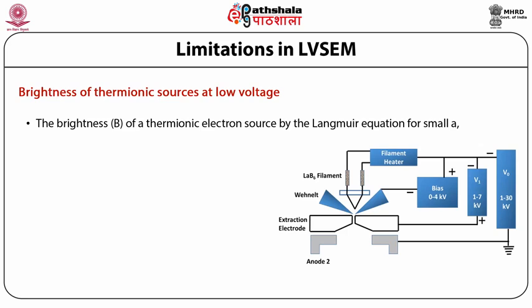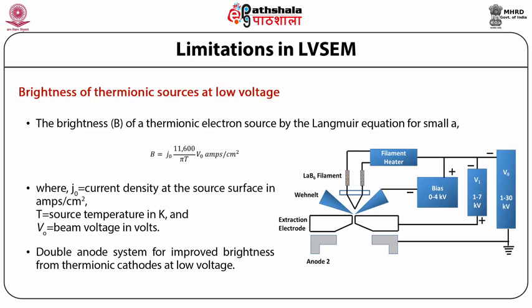The brightness B of a thermionic electron emission source is given by the Langmuir equation for small angles, which is written as B equals J0 times 11,600 divided by pi T times V0 in amperes per centimeter square, where J0 is the current density at the surface of the source in amperes per centimeter square, T is the source temperature in Kelvin, and V0 is the beam voltage in volts.